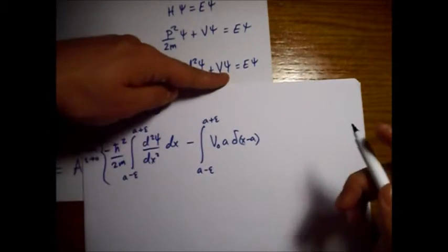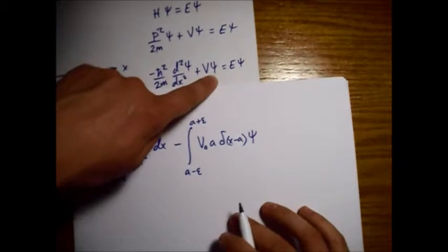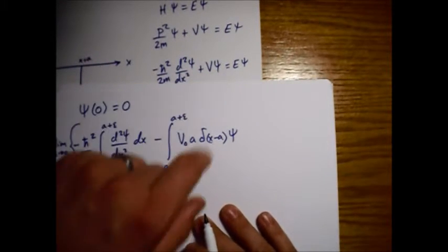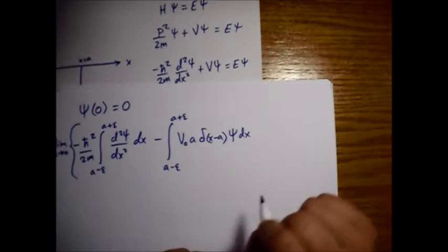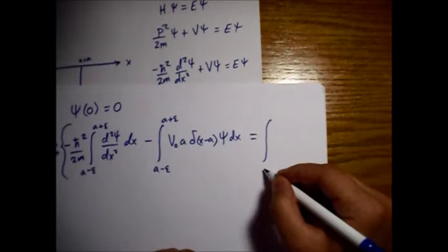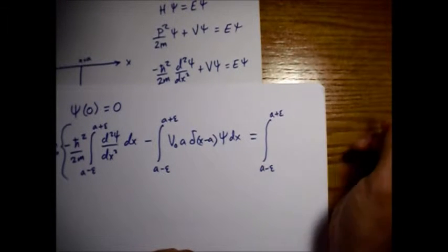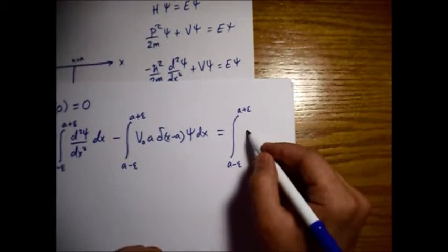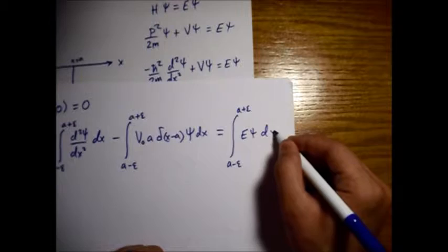Now we need to put in a psi for our wave function, integrate with respect to x. And then finally we have the integral from a minus epsilon to a plus epsilon of E psi dx.